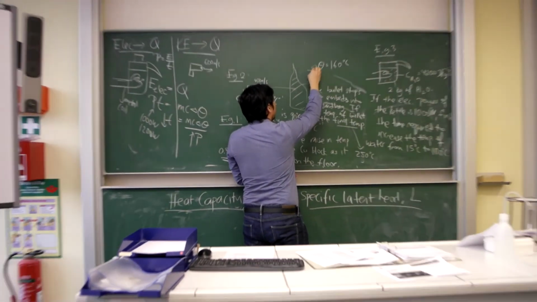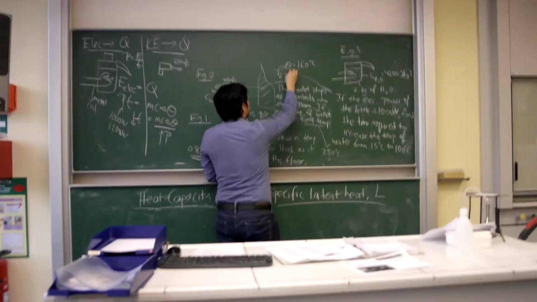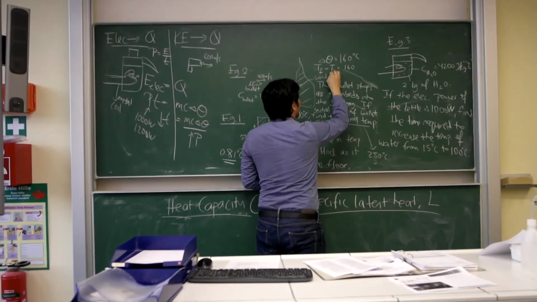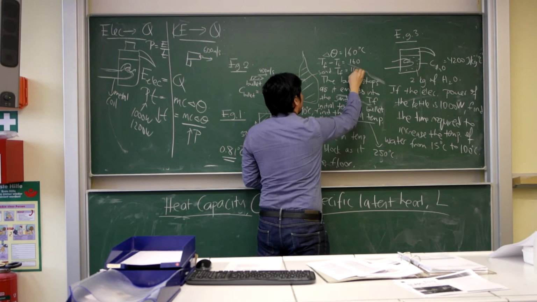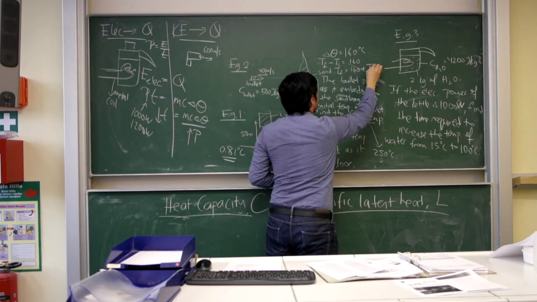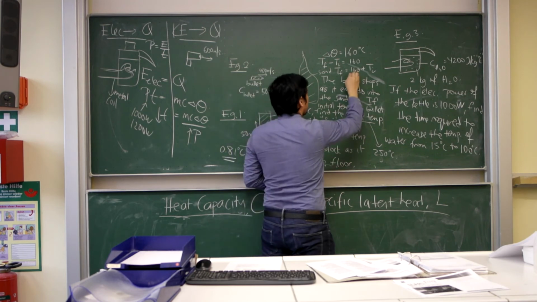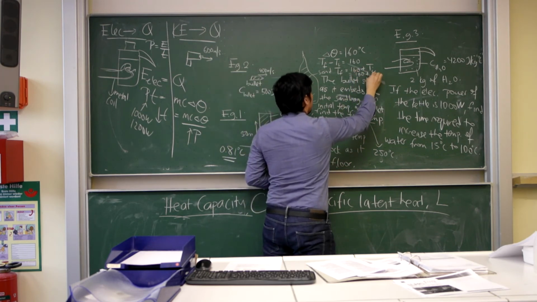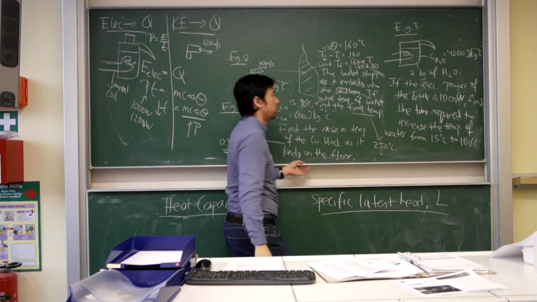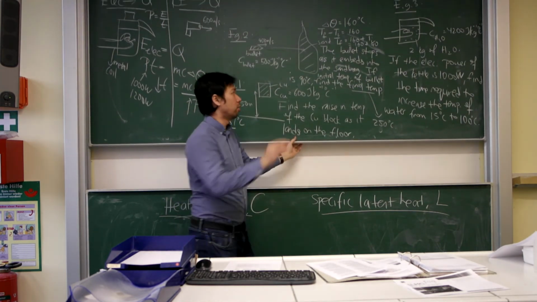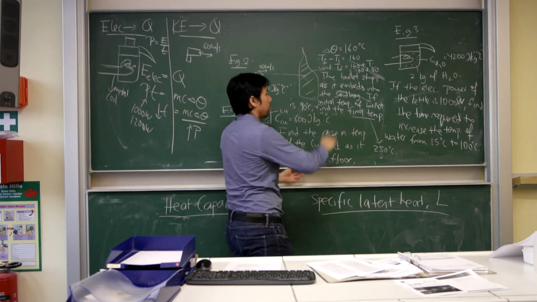Temperature final minus temperature initial is 160, so temperature final is 160 plus temperature initial. Just add 90 degrees: 160 plus 90 gives 250 degrees Celsius. Is it clear? Be careful, it's not the change in temperature, it's the final temperature.